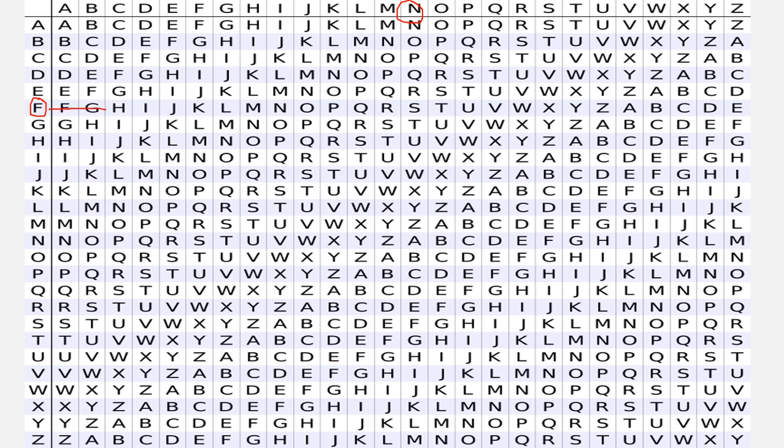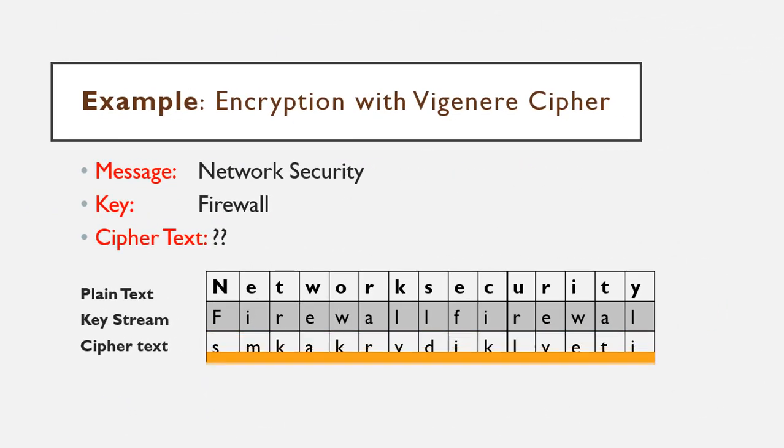So we have to find the intersection of this row and column. Here is the f and n. So the intersection of key stream and the plain text is s. So n will be encrypted as s. See, it is encrypted as s.